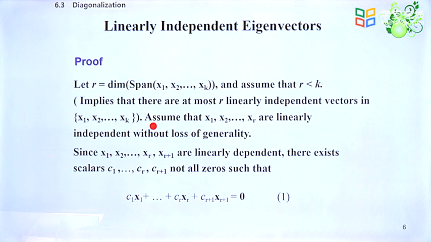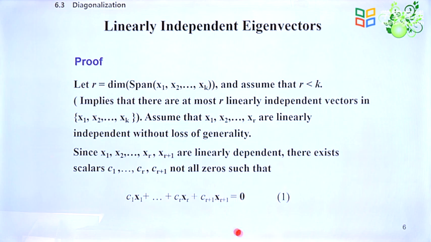Okay, and assume that x1, x2 till xr are linearly independent without loss of generality. Since x1, x2 till xr plus 1 are linearly dependent, there exist scalars c1 till cr plus 1, not all zeros, such that c1 x1 plus till plus cr xr plus cr plus 1 times xr plus 1 equals 0.